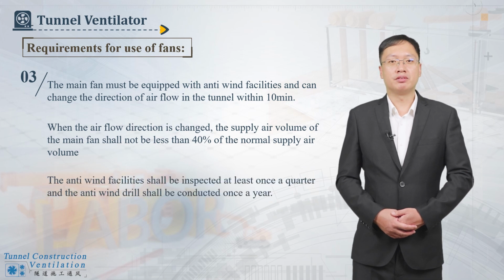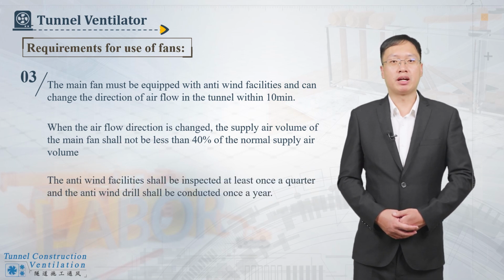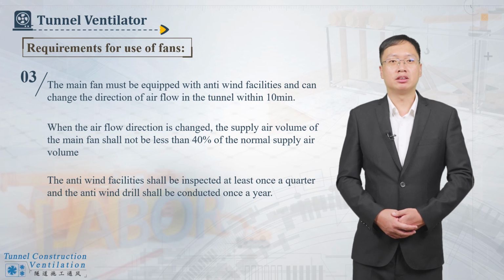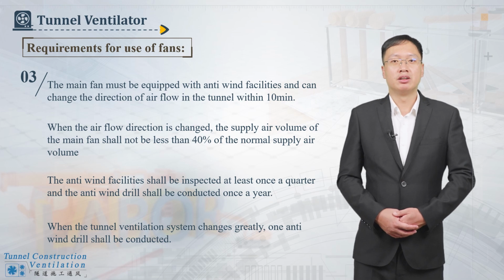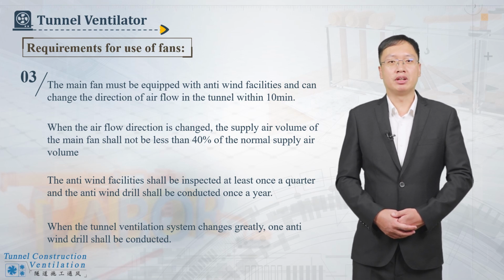The anti-wind facilities shall be inspected at least once a quarter and the anti-wind drill shall be conducted once a year. When the tunnel ventilation system changes greatly, one anti-wind drill shall be conducted.